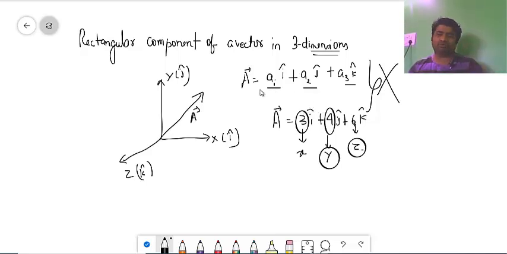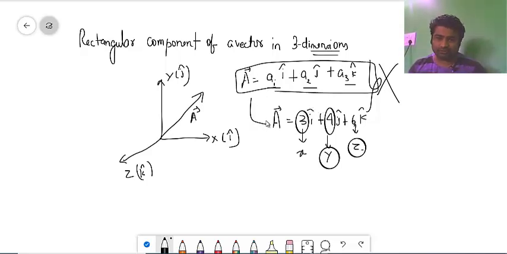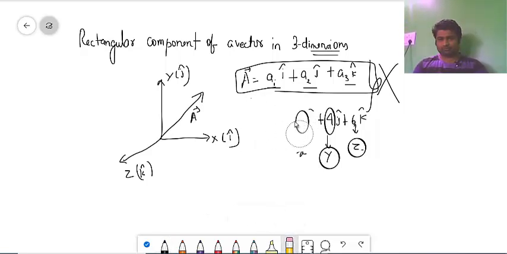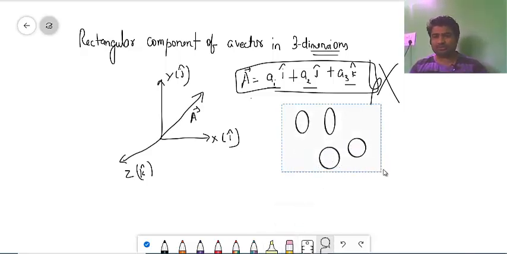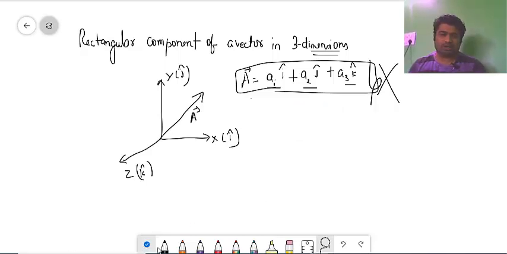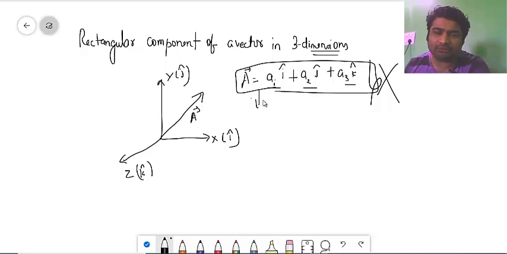Because there will be no question from this part. The question will be from here, which we have done in the class. Okay. Now we have done this part, I hope. How to calculate the magnitude of this vector.